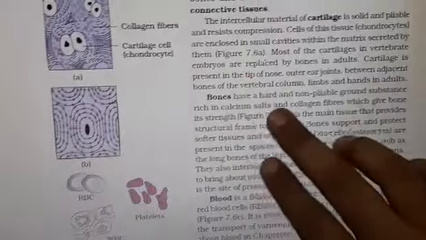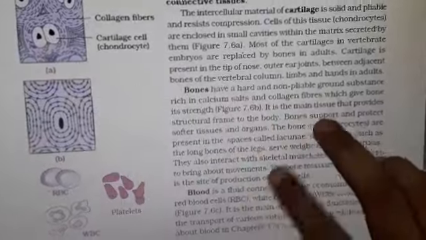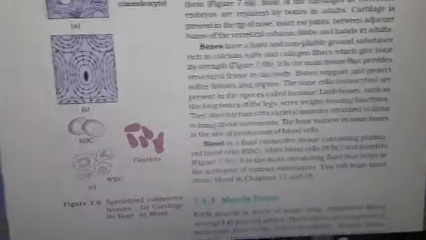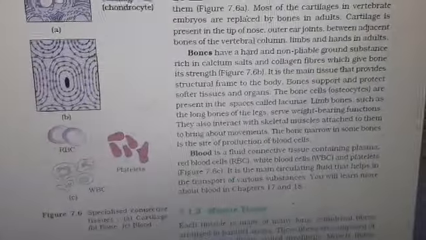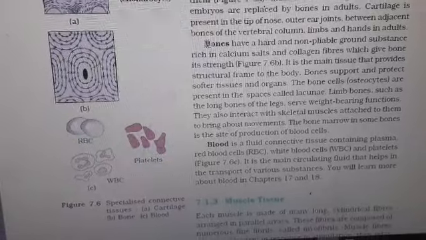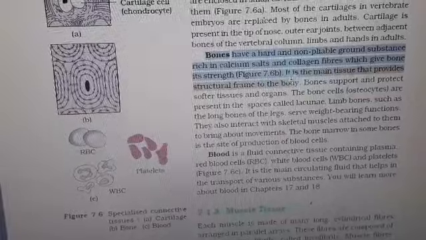Okay, now comes bones. Bone has a hard and non-pliable ground substance which is rich in calcium salt and collagen fiber, which give bone its strength. So what gives the bone its strength? It's calcium salt. So underline till here.